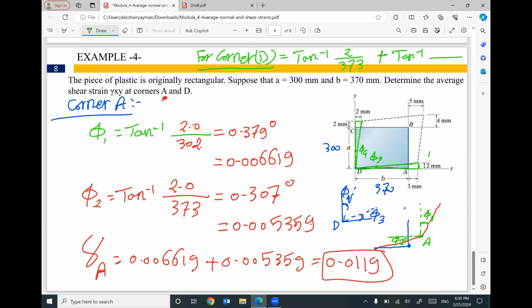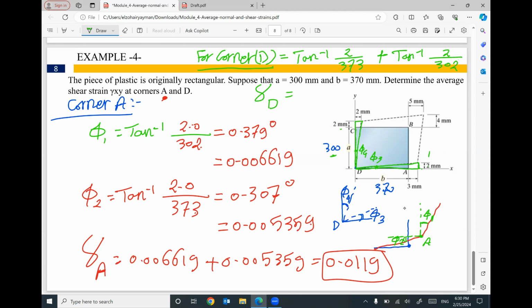The opposite will be 2 millimeter and the adjacent will be 302. So I can find the value of the strain gamma at D: inverse tan 2 divided by 373 plus inverse tan 2 divided by 302.